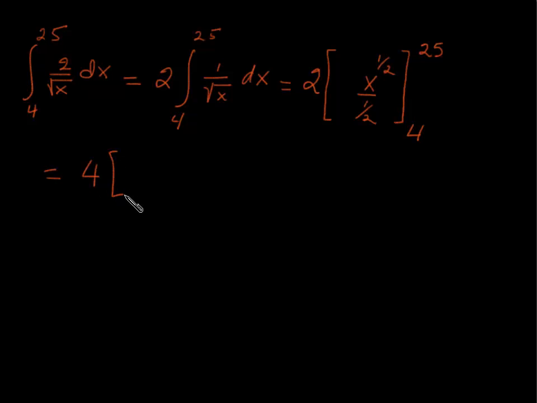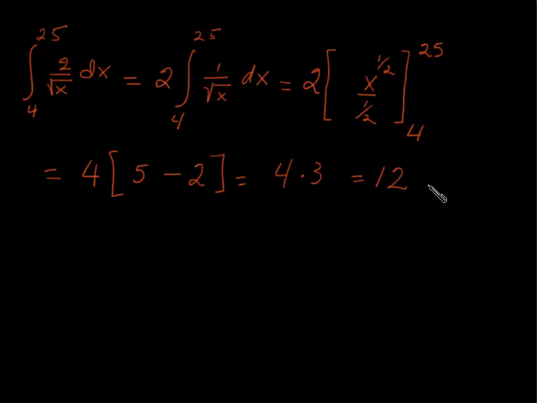And then what do I get when I evaluate? All that's left here is the square root of x. Evaluate that at 25. The square root of 25 is 5, minus what I get when I evaluate at the lower limit of integration. So this would be the square root of 4, which is 2, so 4 times 3 would be 12.